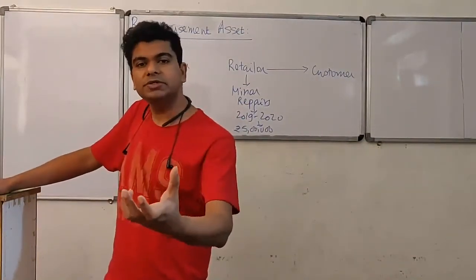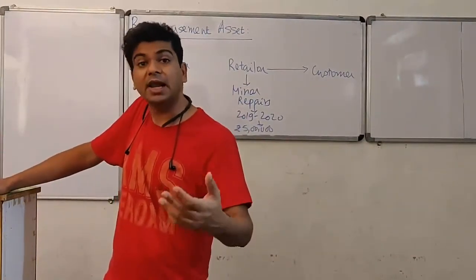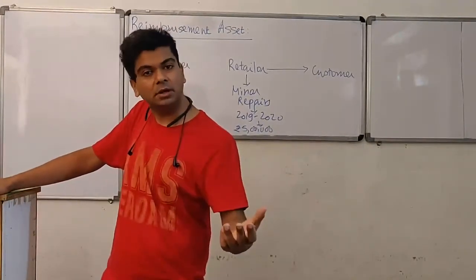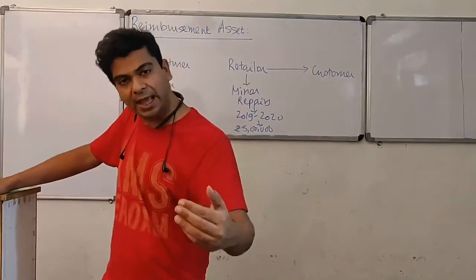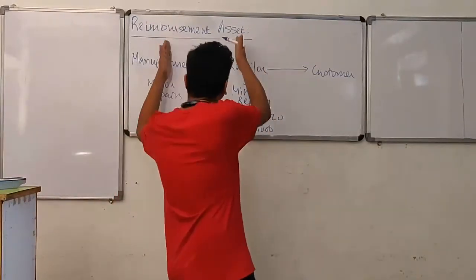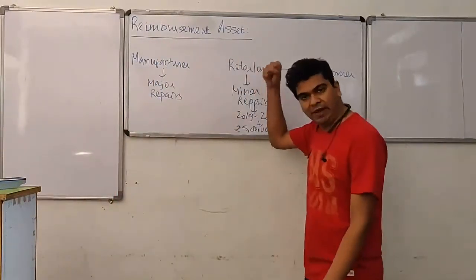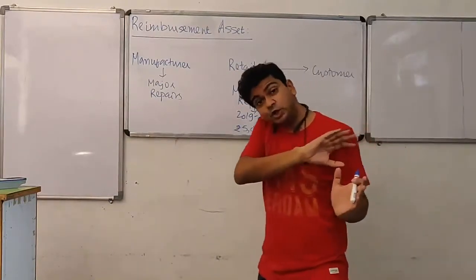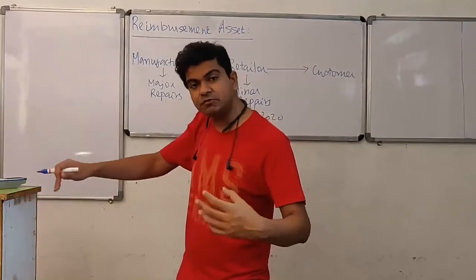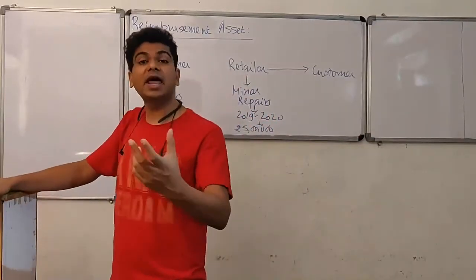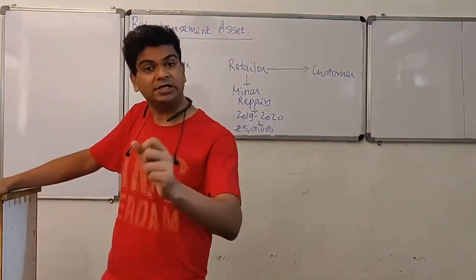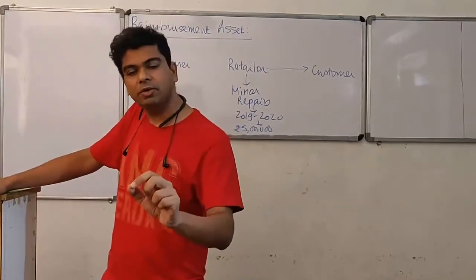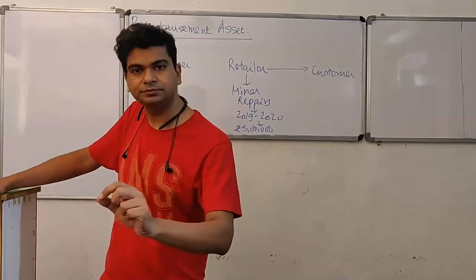The moment you receive this communication, that means the collection of 5 lakhs is 100% certain. If it is 100% certain, then it is no longer a contingent asset. It becomes a reimbursement asset. And I should recognize this reimbursement asset in my books. If I do not receive any communication from the manufacturer, then its collection is doubtful. And if its collection is doubtful, it is a contingent asset. Contingent asset cannot be recognized in my books.